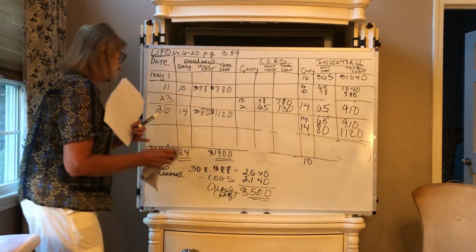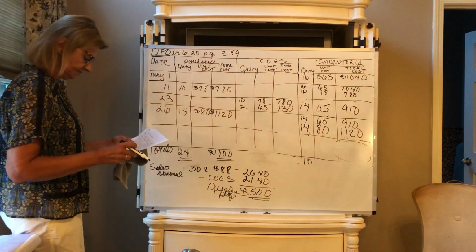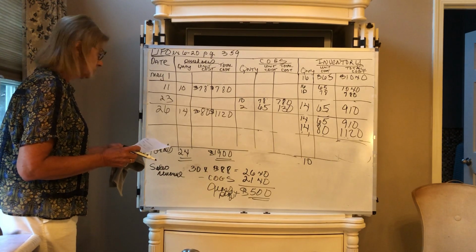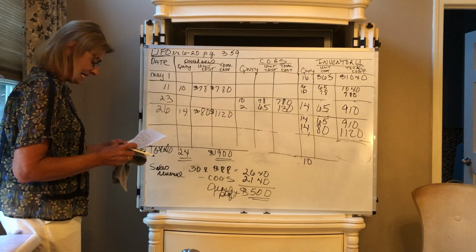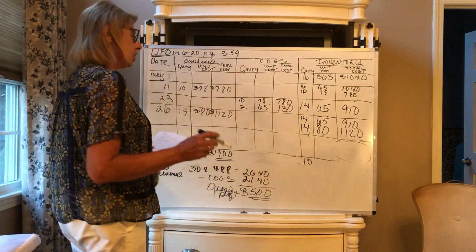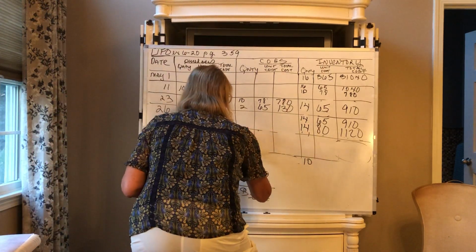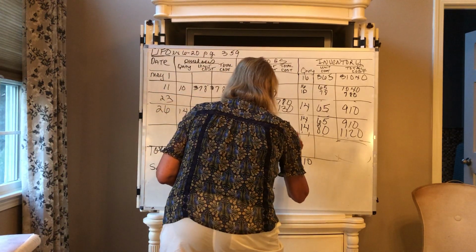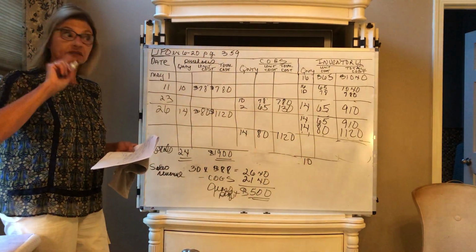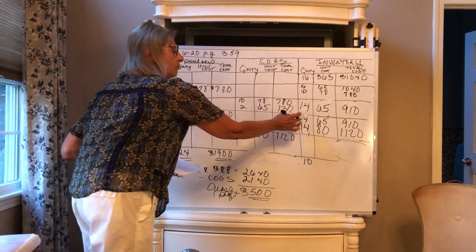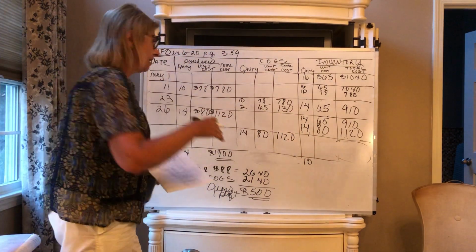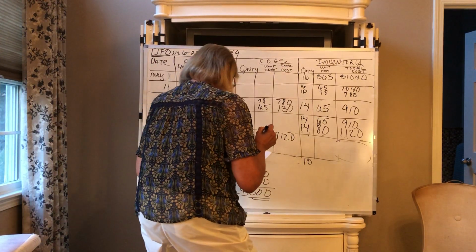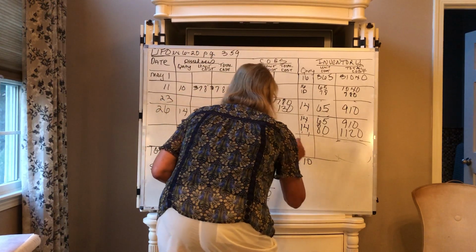Okay, so on the 29th, we have our last sale of 18 units. So we're going to take the 14 at 80 first, the last thing we just got, and that's 1,120, so they're already gone. Notice the new stuff goes real quickly, right? We still needed 4 more, so we're going to go to our older stuff and take the other 4 from 65, and we're going to have 260 for our cost of goods sold.